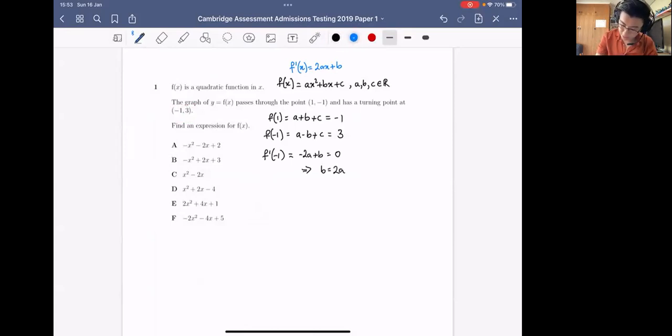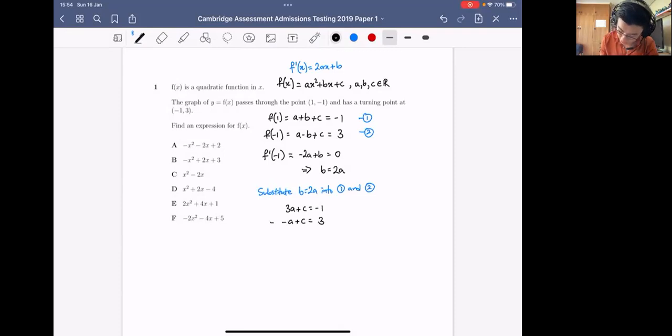Now we substitute. So let's make this equation 1, equation 2. Substitute b equals 2a into 1 and 2, so that we get 3a plus c is -1, and minus a plus c is 3.